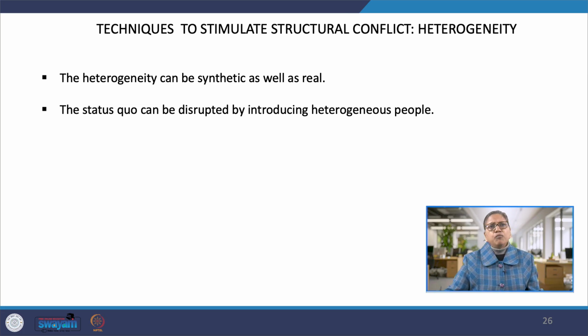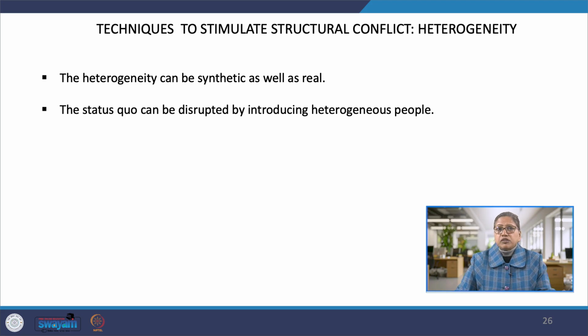So, if you add more variety or heterogeneity, then there is likely occurrence of structural conflict, because people with diverse experience, background, with demographic diversity can bring in innovation, new ideas, they add more variety. So, the heterogeneity can be synthetic as well as a real way to stimulate structural conflict.